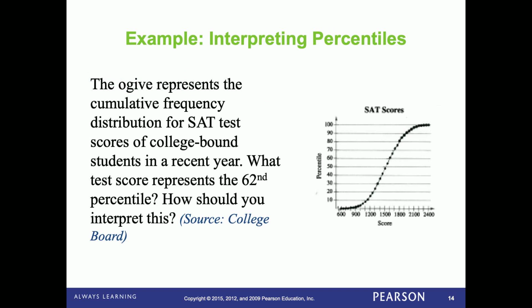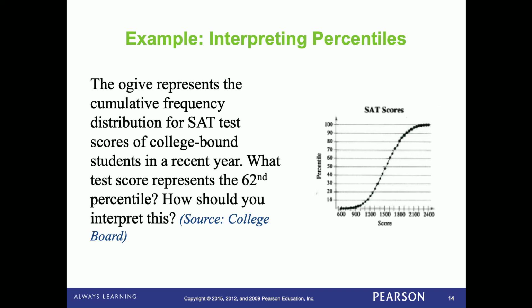All right, so here's an example of percentile. The ogive represents the cumulative frequency distribution for the SAT test scores of college-bound students in recent years. What test score represents 62%? So 62% is the vertical bar on this graph.